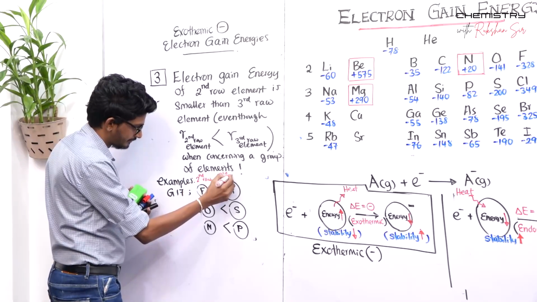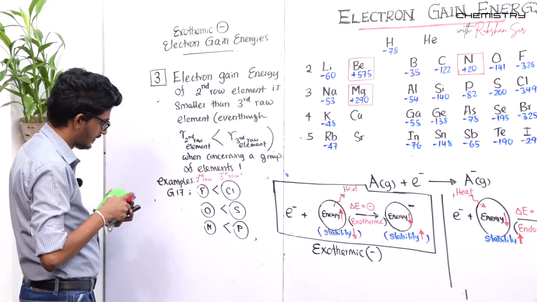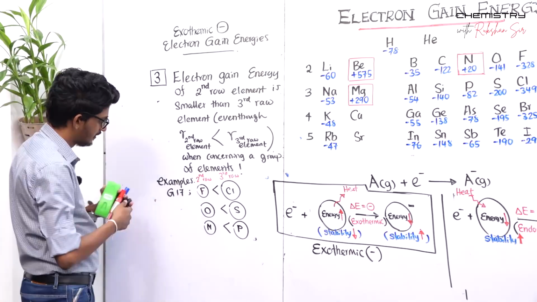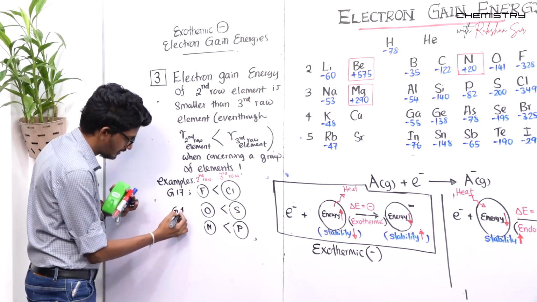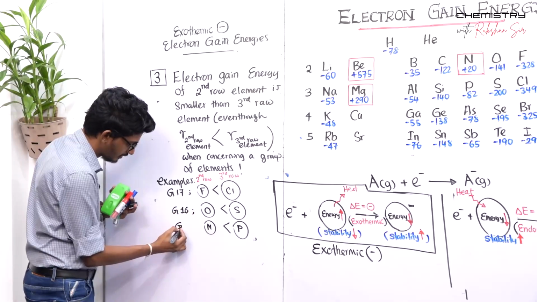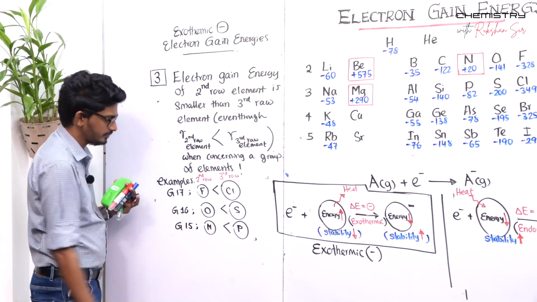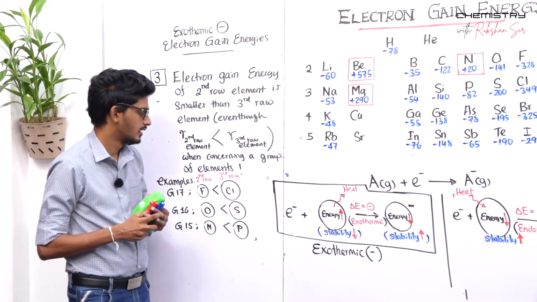Third row here. This is at group 17. These are at group 16. And these are the ones at group 15. So what is the reason?